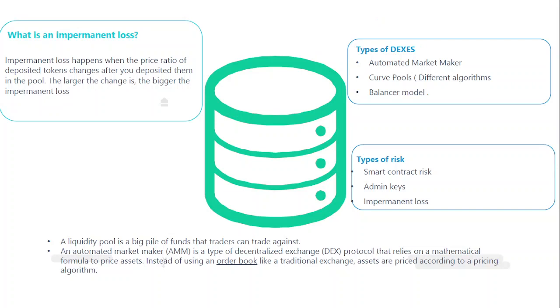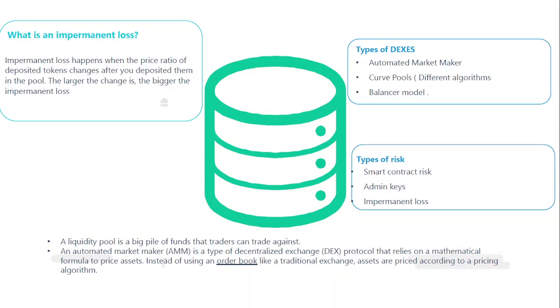And Curve Finance uses a different algorithm, and their main pools are mainly for stablecoin liquidity. They realized that the constant product market maker is not the best for certain situations, like where there are stablecoins, or where there are variations of a particular asset, like ETH or WETH and things like that.